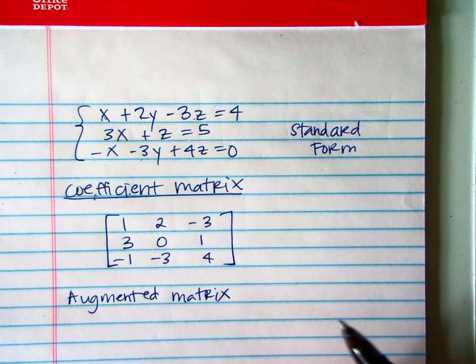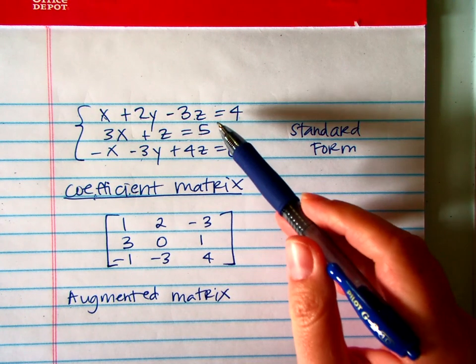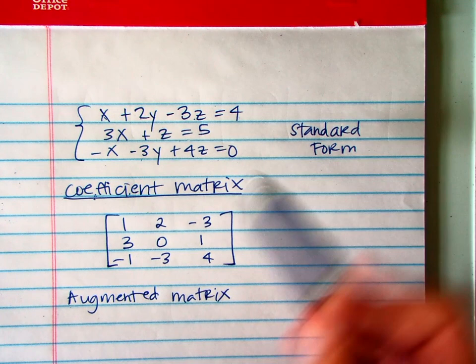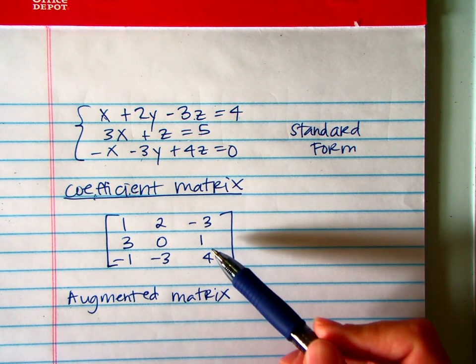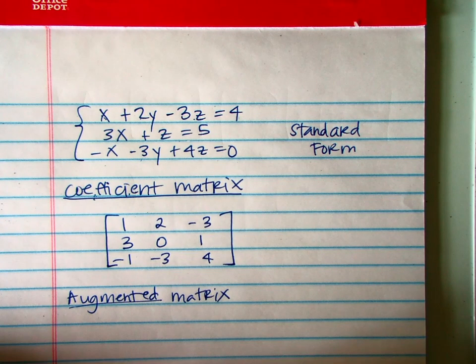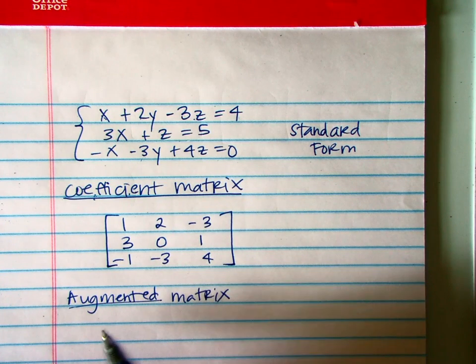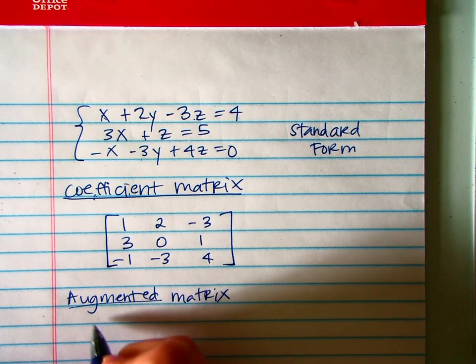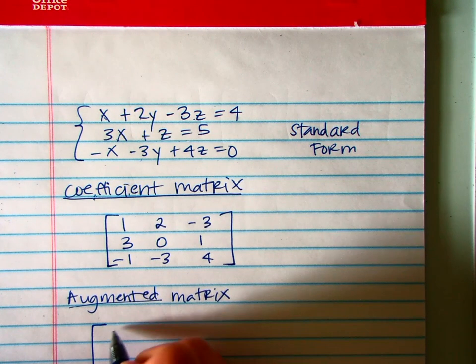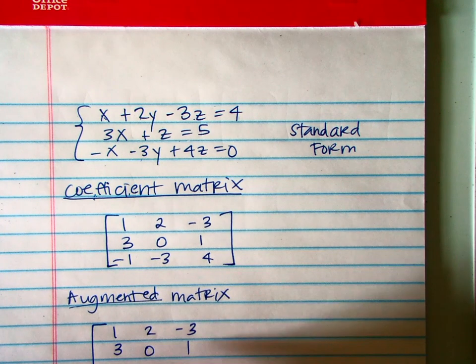The augmented matrix now incorporates the constants that are on the other side of the equal sign. We can't just throw them into the coefficient matrix because that's not what they are. So we augment the matrix. I'm sure you have heard the word augment before, but we're going to make changes to this matrix.